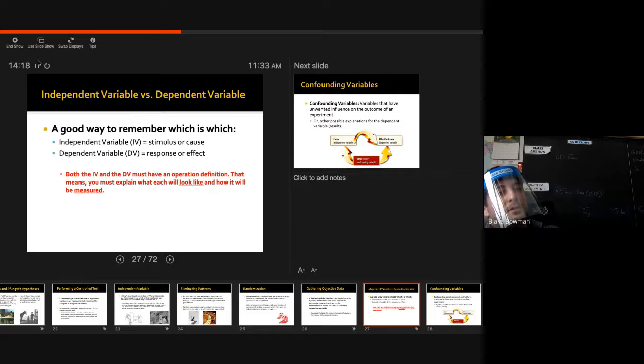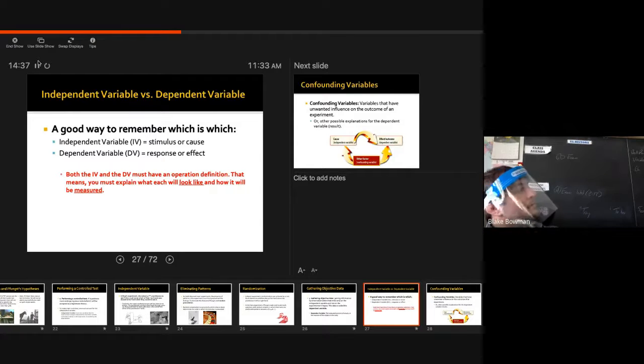Dependent variable is a response or the effect, how the person that's being studied responds to that stimulus, how they respond to the independent variable. So an independent variable is something that the experimenter changes or alters. Dependent variable is just the response. It's the measured outcome.